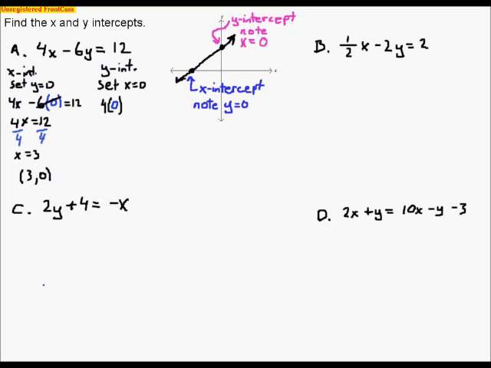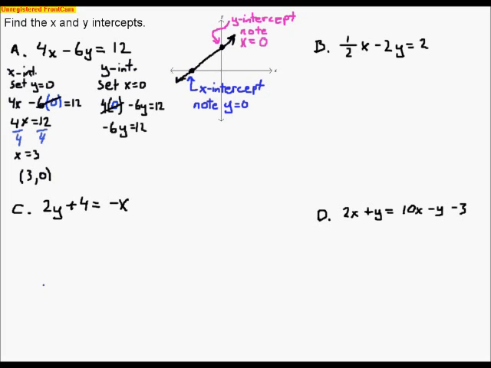And then we'll rewrite everything else that's there. So we've got the minus 6y, and this all equals 12. So we go ahead and do some work. Again, 4 times 0 makes 0, so all I'm left with is the negative 6y equals 12. So I do a little bit more work there.